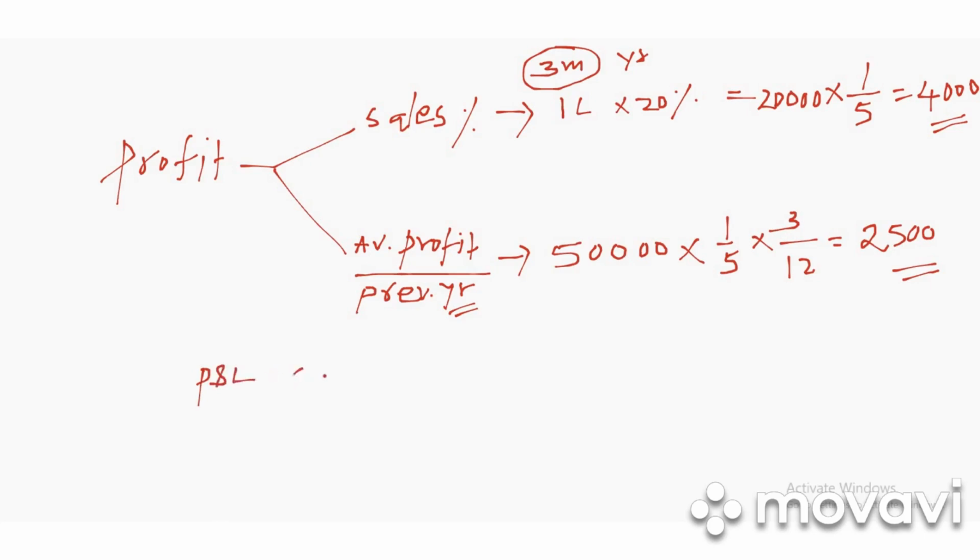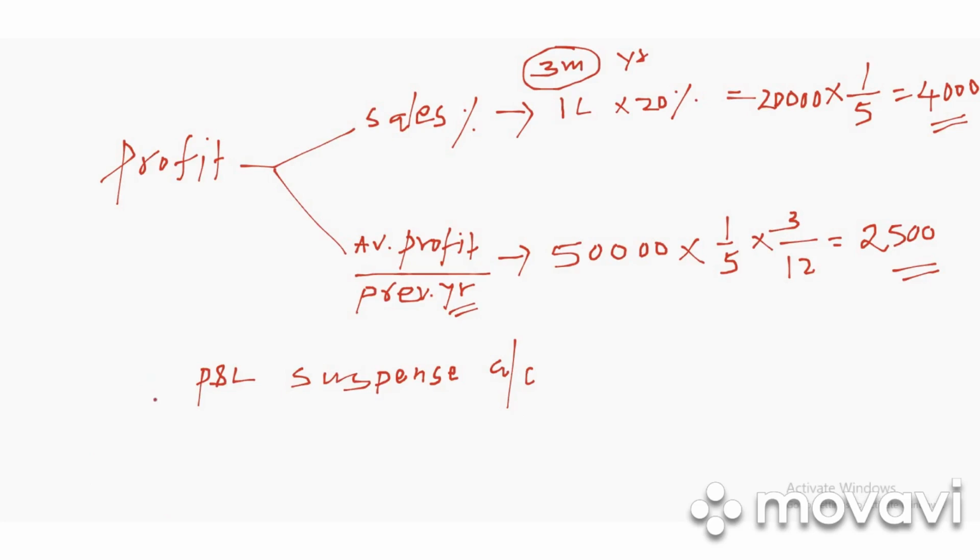Why is it known as profit and loss suspense account? Because this is not the final profit. We don't know what the profit will be, so this is not the real profit, and we put it in profit and loss suspense account. Later, when we prepare the final accounts and work out the correct profit, this particular amount will be adjusted with the real profit, dear students.